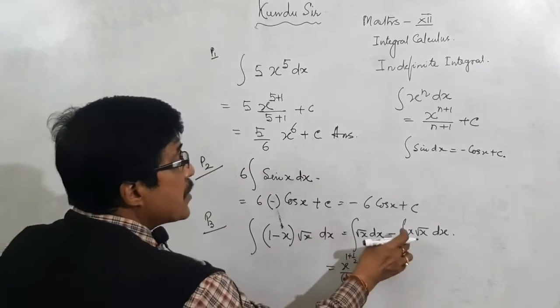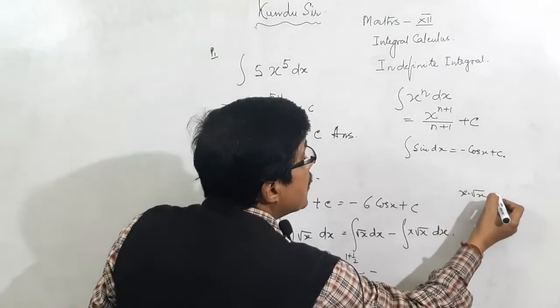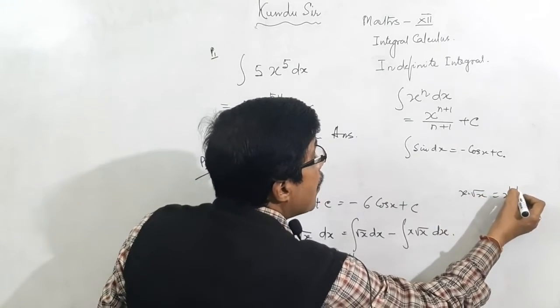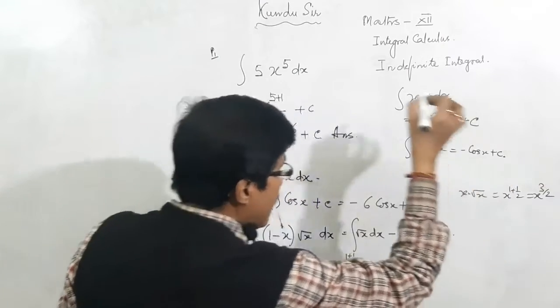For x into root x, the power is 1 plus half, equal to x to the power 3 by 2.